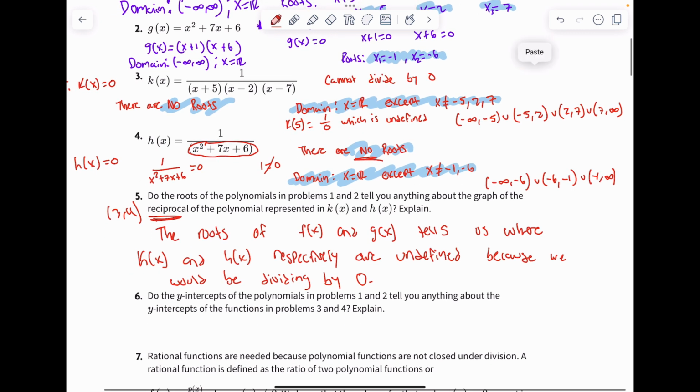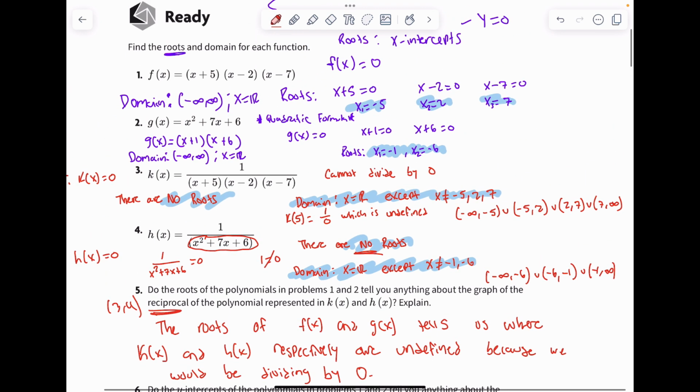So it's important that they were the reciprocals, and it tells us where it's equal to 0, so therefore you cannot divide by 0.